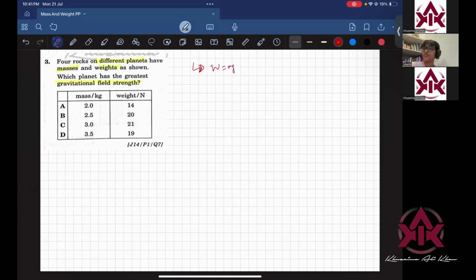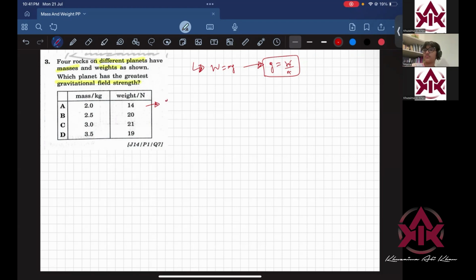And how do you find the gravitational field strength of a planet? That is the weight per unit mass, right? You have the weight and the masses of the object at different planets. Simply find the weight over mass ratio of each option. The greatest one is going to be the answer for question number three.